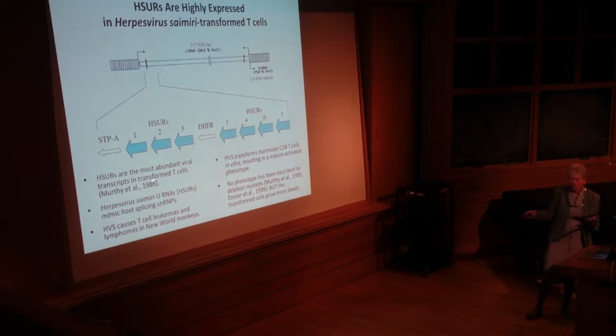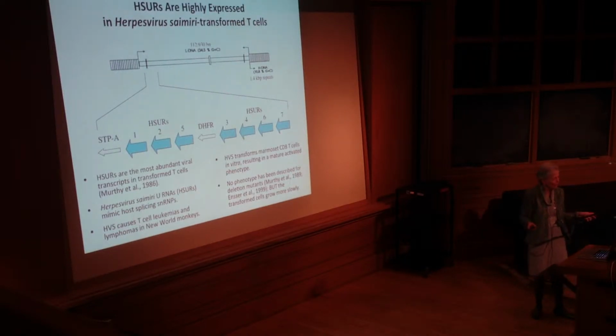In the early 2000s, Heidi Cook, who was an MD PhD student in the lab, this was when microarrays came along and you could ask about gene expression, decided to ask, well, if I have cells transformed by the wild-type virus versus a virus that's lacking these 2 very abundant and very highly conserved HSURs, what will the host gene expression profile look like?